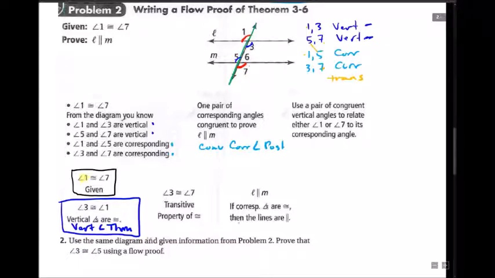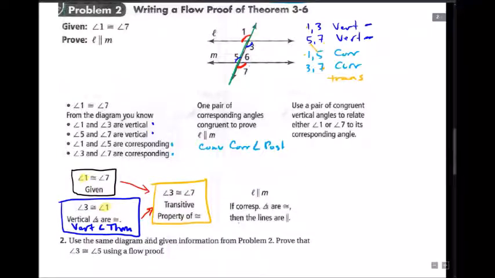And we notice here, that looks like transitive. We could have gone with 5 and 7, right? And then we'd have 1 and 5 and still have corresponding angles. Both of these lead us to using the transitive property of congruence, right?